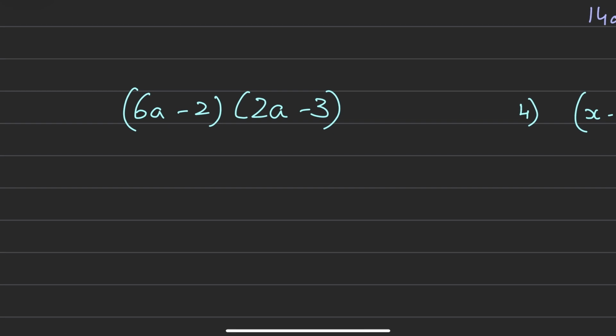Come on, you want to try this on your own? I'll help you because you have to do the try later on. Okay, 6 2s is 12a square. First, outer minus 18a, inner minus 4a, last plus 6.